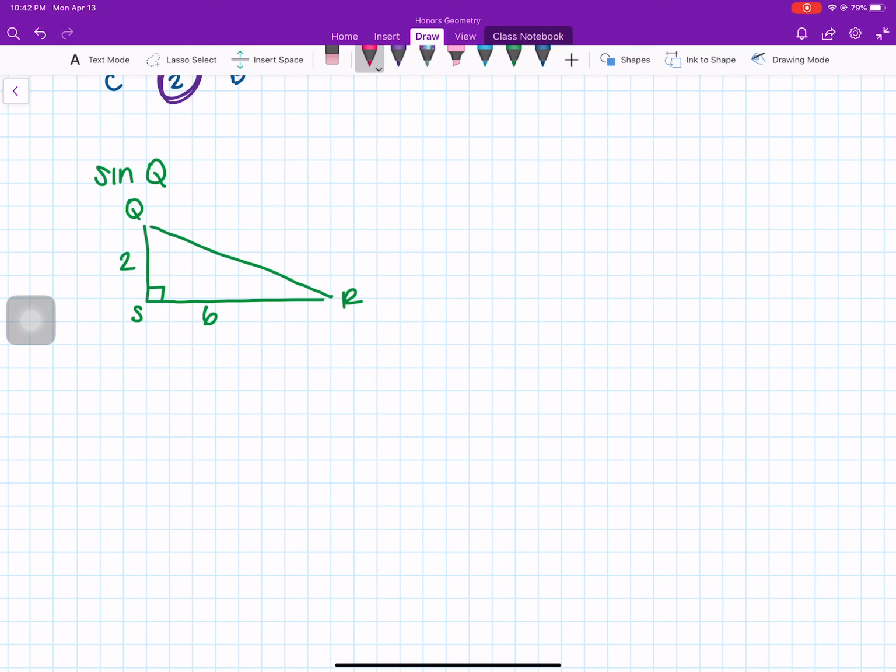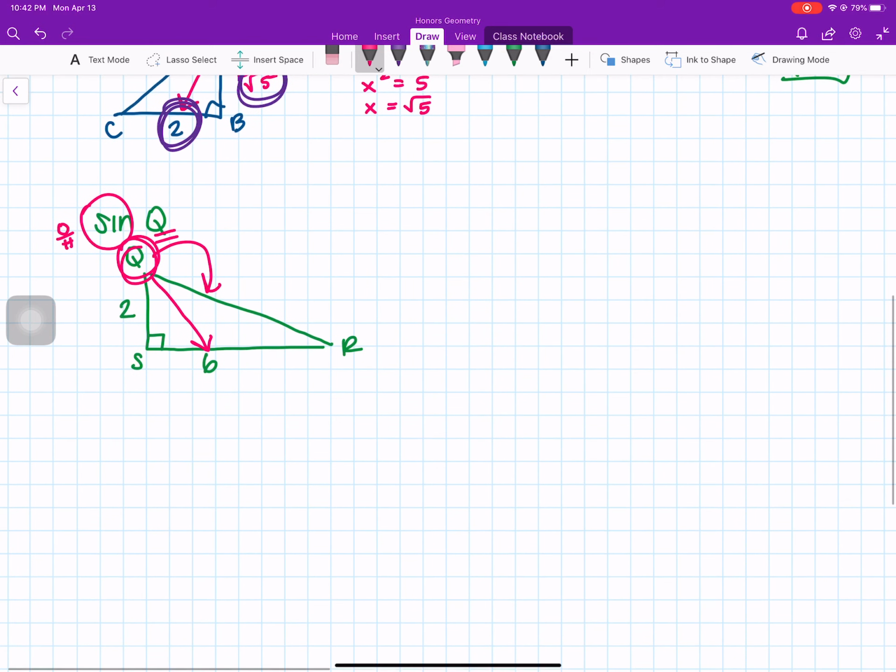So again, sine. If you think about your SOHCAHTOA, you need your opposite and your hypotenuse. And you're looking at angle Q. So here's angle Q. The opposite side of Q is 6, and the hypotenuse we don't know. So we have to do Pythagorean theorem. 2 squared plus 6 squared equals c squared.